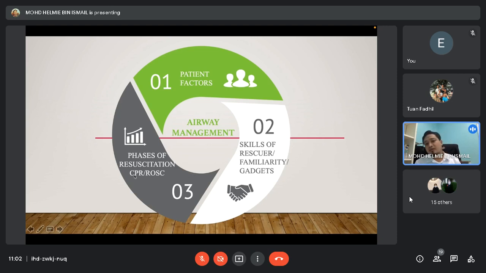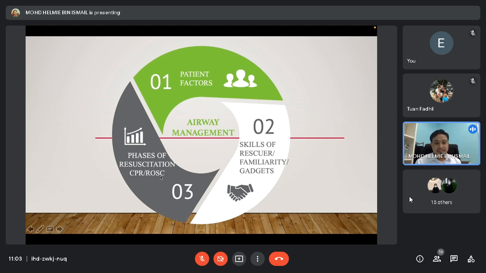Sometimes during CPR, sometimes post ROSC, we intubate this patient. During CPR, we need to intubate in less than 10 seconds, because if you intubate this patient for more than 10 seconds, you are not giving high quality CPR.